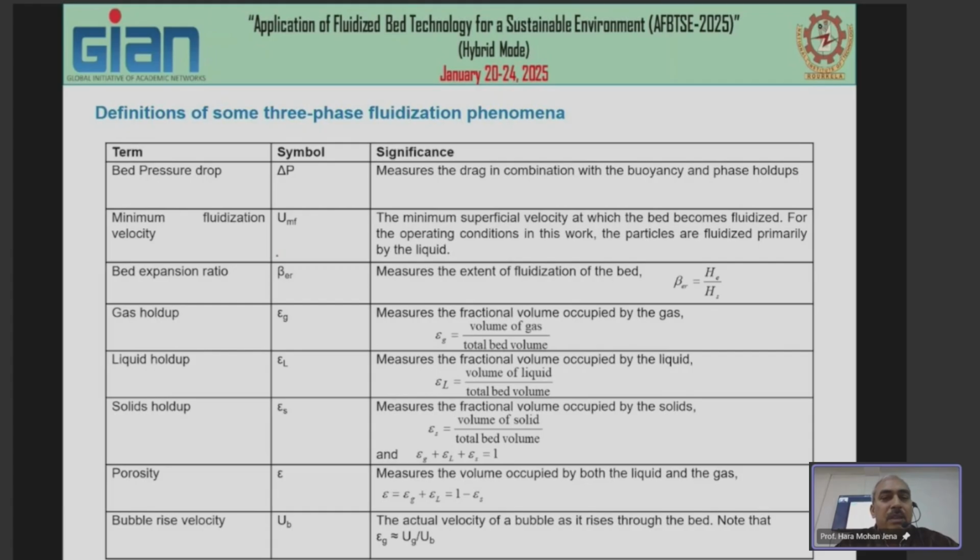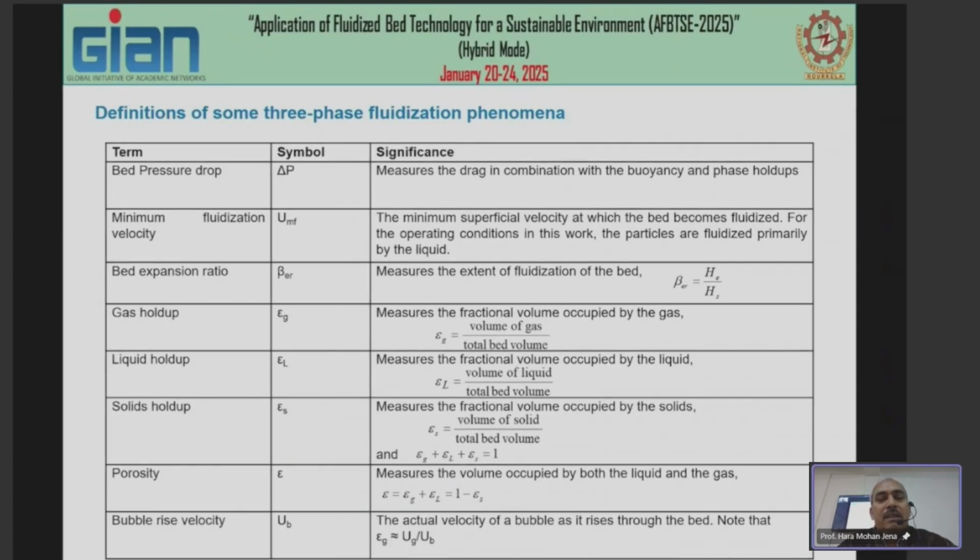Then minimum fluidization velocity, the minimum superficial velocity at which the bed becomes fluidized. For the operating conditions, the particles are fluidized primarily by the liquid for a liquid continuous phase. The bed expansion ratio: the initial static bed height, when the particles are not fluidized, is the fixed bed height.